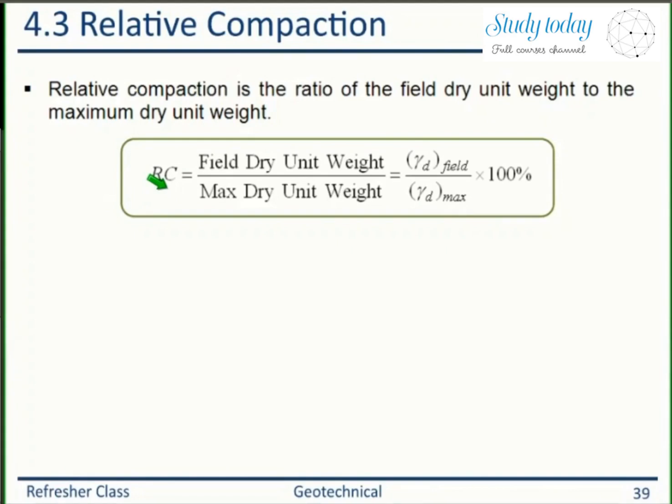Then if the soil is moist, you divide that total unit weight by 1 plus the moisture content to get gamma D. Okay, what do you mean when they have different properties? Different types of sand? Same thing, even if the sand is a different type, no problem.